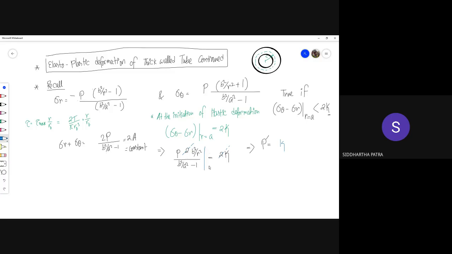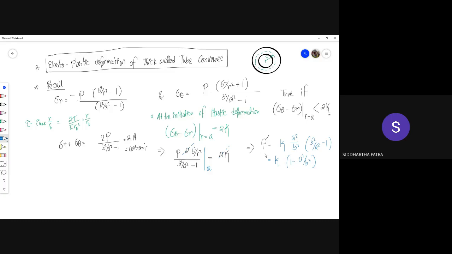Okay, this quantity needs to be evaluated at a, so it is k times a squared b squared times b squared divided by a squared minus 1, or in other words 1 minus a squared by b squared.